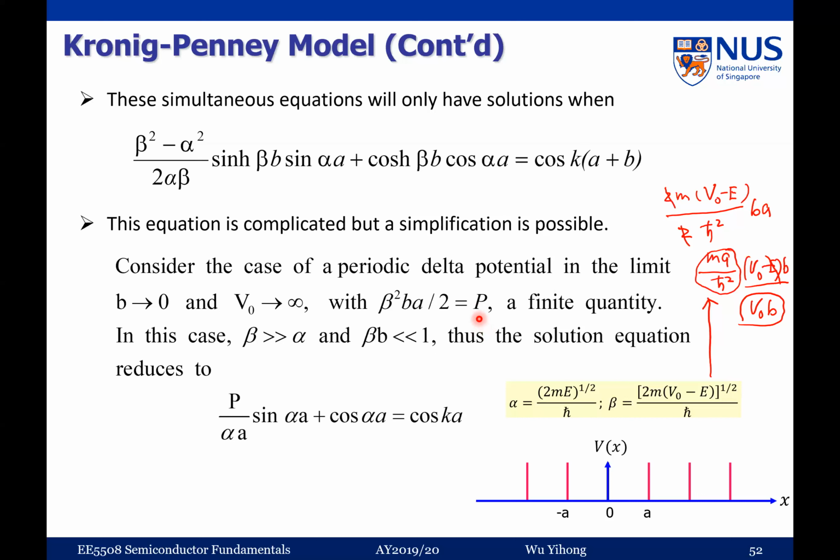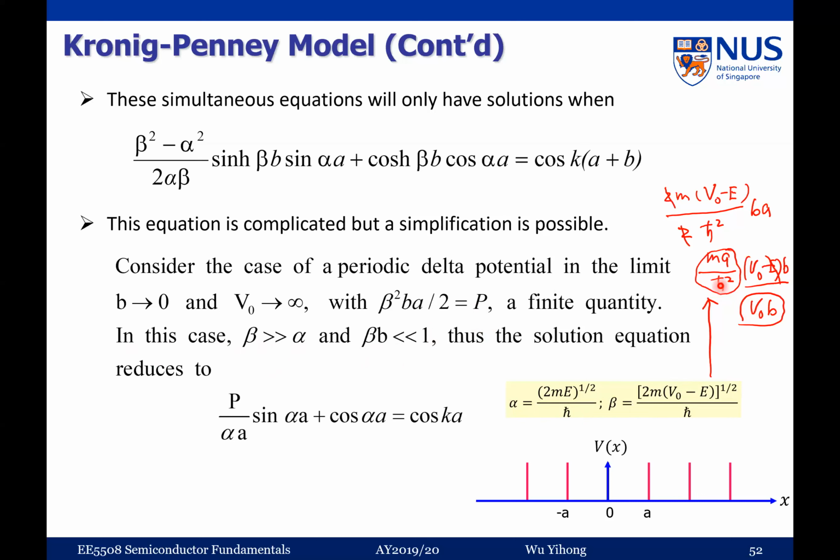If this is the case, you can see that beta is much larger than alpha. Why? Because alpha is given by this one, and beta is mainly determined by V naught, because this is very small. With V naught approaching infinity, beta is much larger than alpha, because E is much smaller than V naught. And then, of course, beta b will be much smaller than 1. Why?